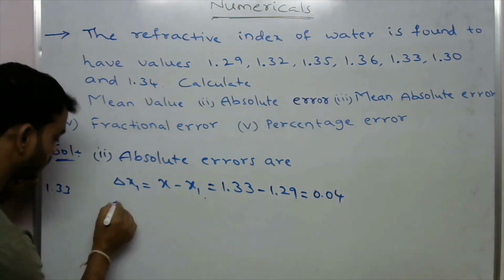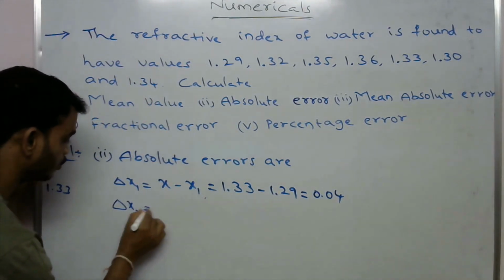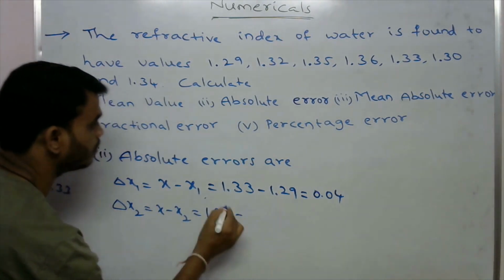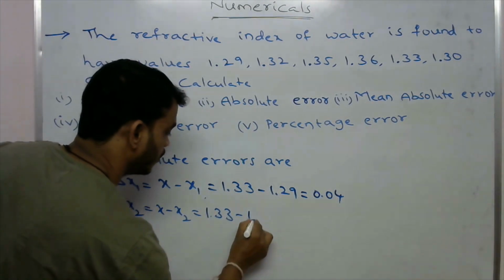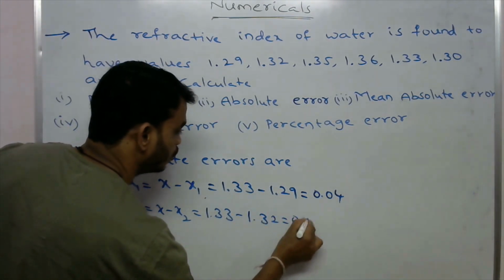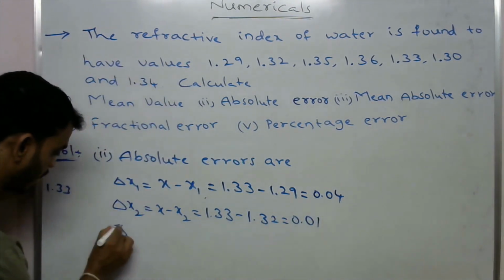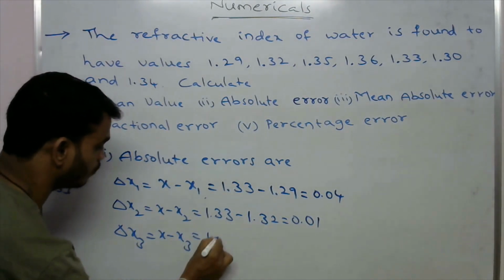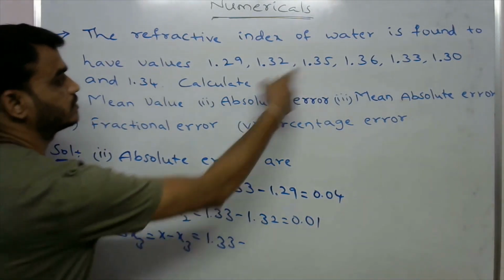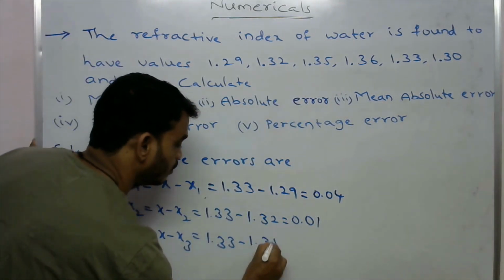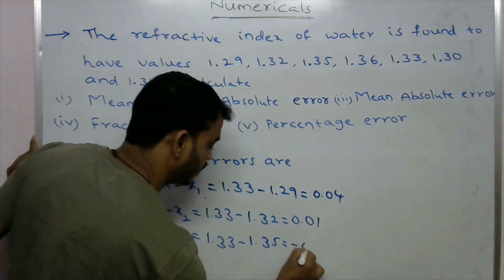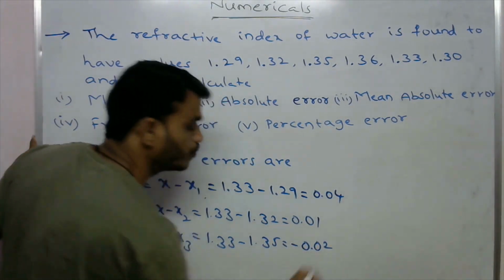The next value is delta x2, equal to x minus x2. So 1.33 minus 1.32 is 0.01. Delta x3 equals x minus x3, which is 1.33 minus 1.35, so this value is minus 0.02.